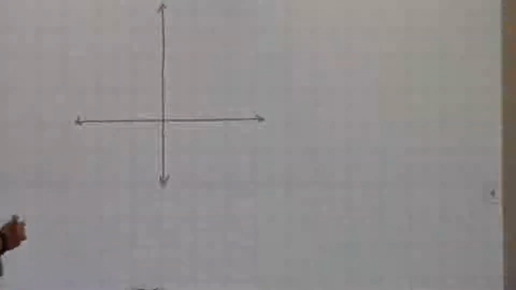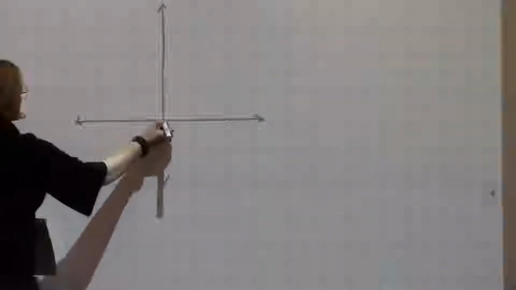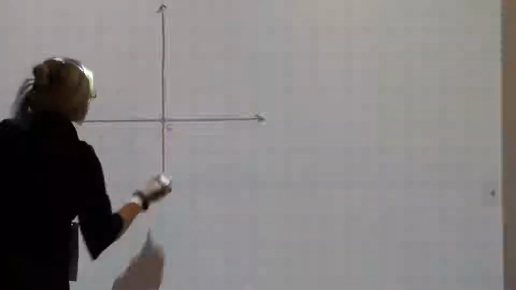Okay, so let's actually draw this guy right. So where is the center for this? We might as well list things as we go. Where is the center to this hyperbola? 0, 0. It is at 0, 0. So we have the center right here.